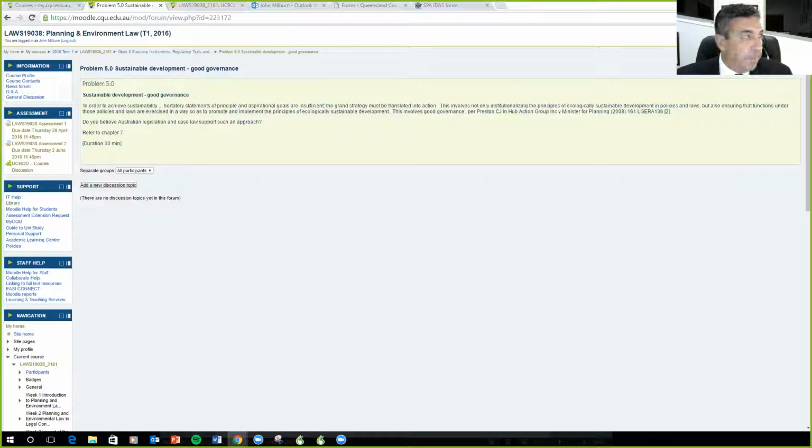But the question calls upon you to consider sustainability, talks about the aspirational goals, and makes reference to a decision of Preston CJ in the Hub Action Group against the Minister for Planning 2008 case.